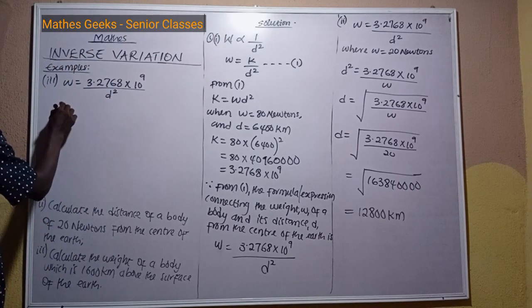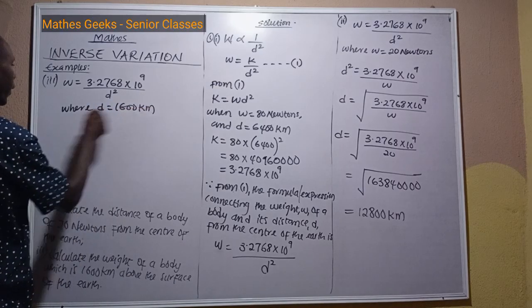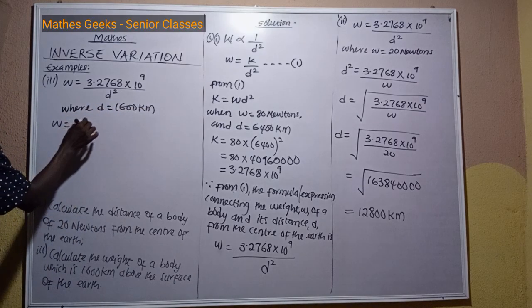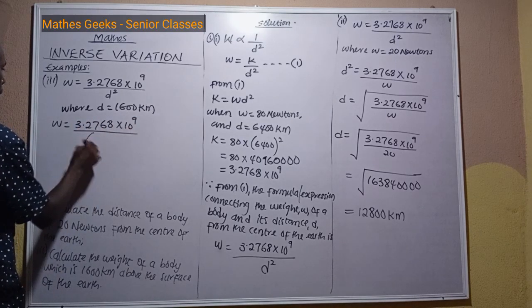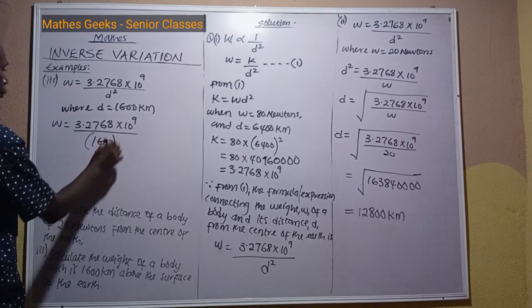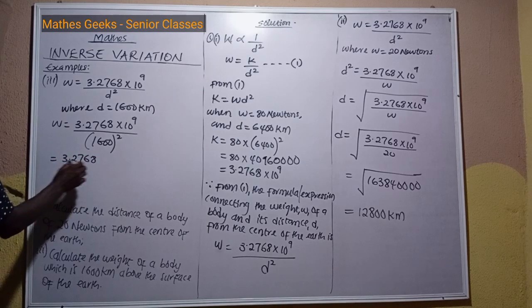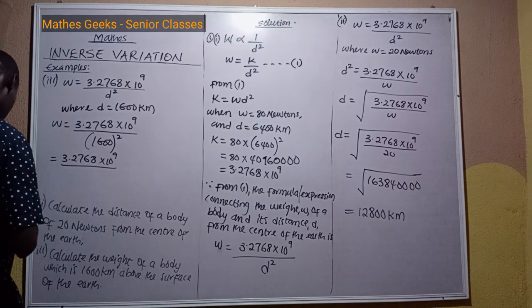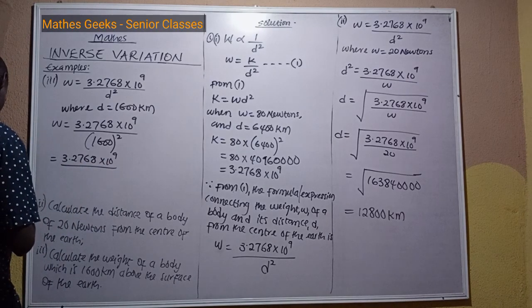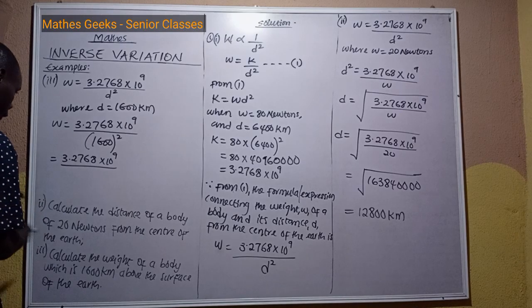So where d is equal to 1,600 kilometers, W is equal to 3.2768 times 10 raised to the power of 9 over 1,600 raised to the power of 2. This is equal to 3.2768 times 10 raised to the power of 9 over 2,560,000. So I'm going to convert to standard form.